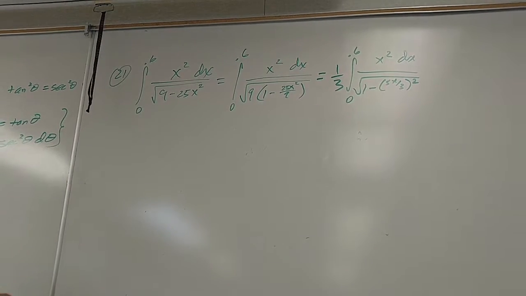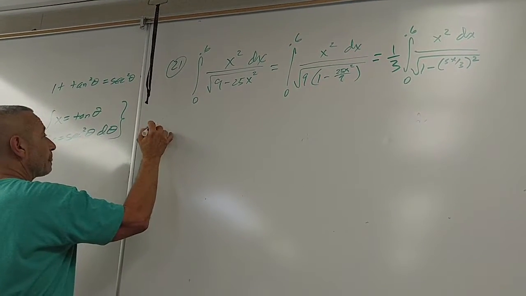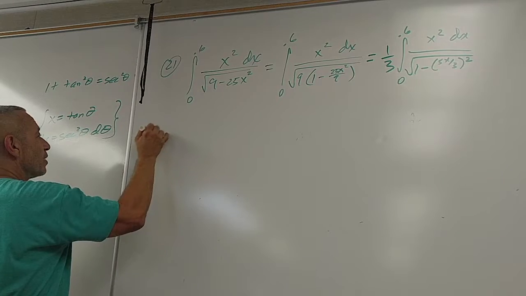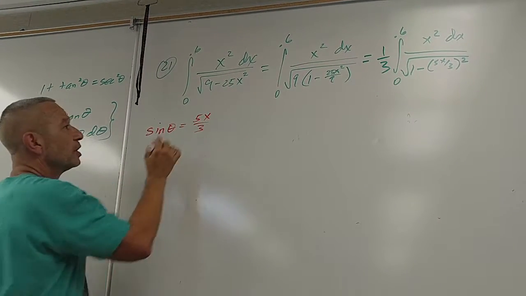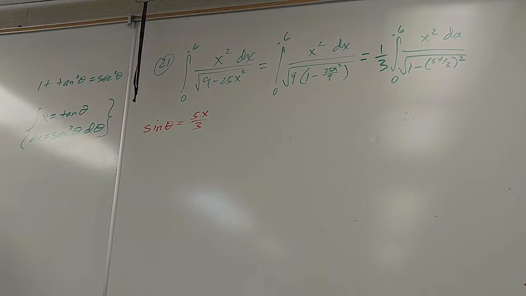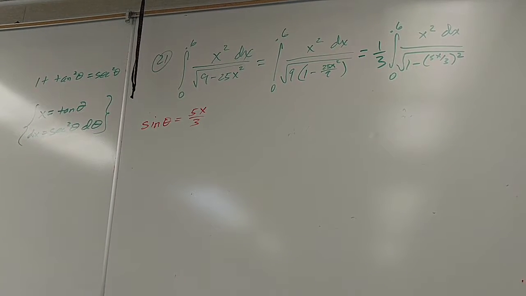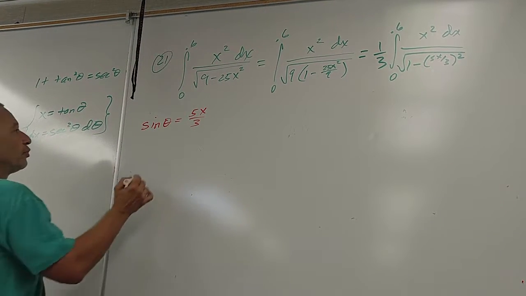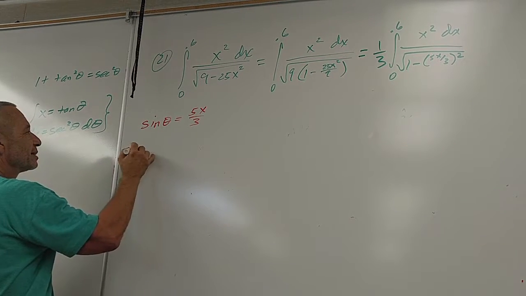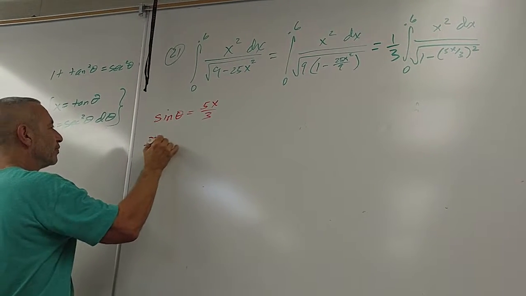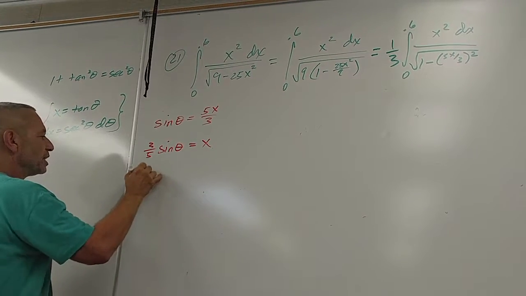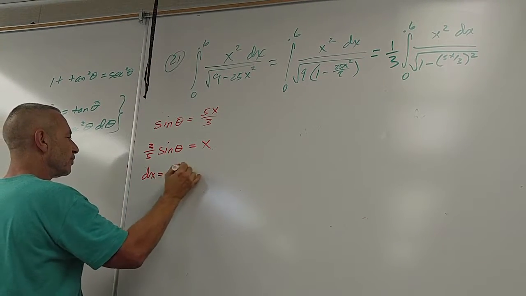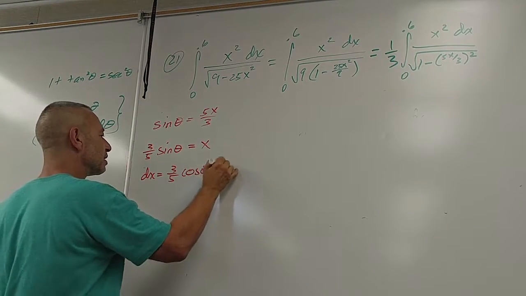So the substitution: sine theta equals 5x over 3. Then I get 1 minus sine squared, which is cosine squared, and under the square root it becomes cosine. So I'll write x as 3/5 sine theta, and for the derivative, dx is equal to 3/5 cosine theta d theta.